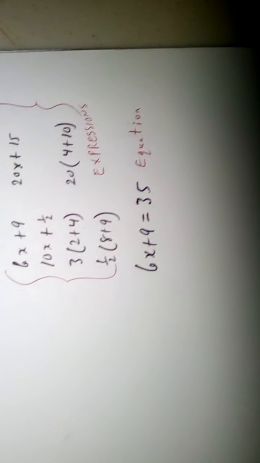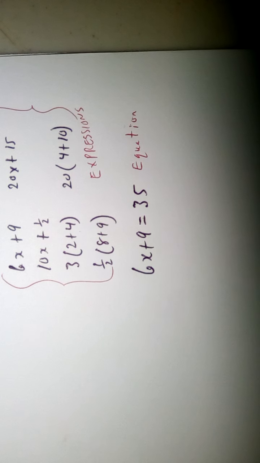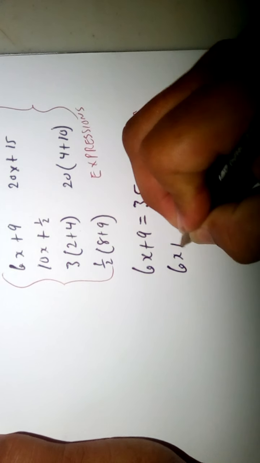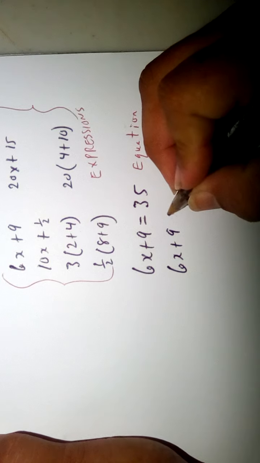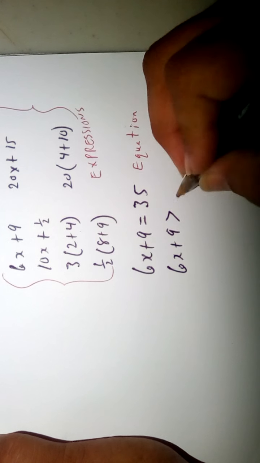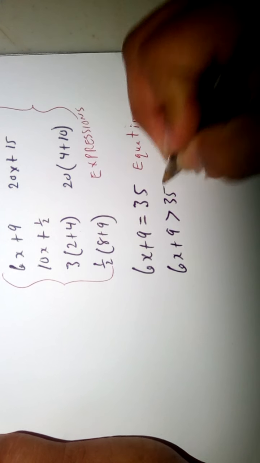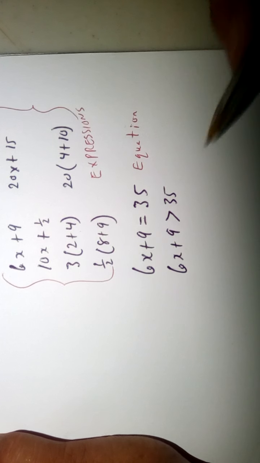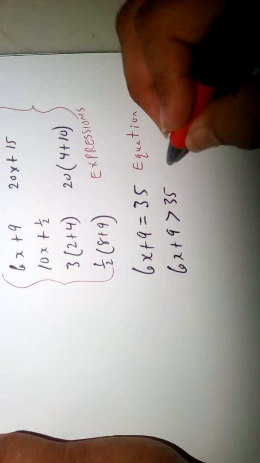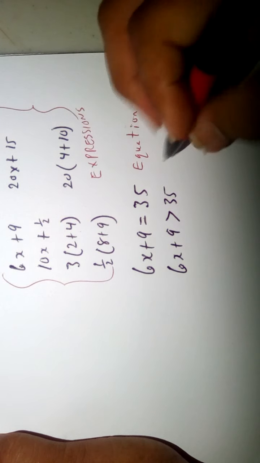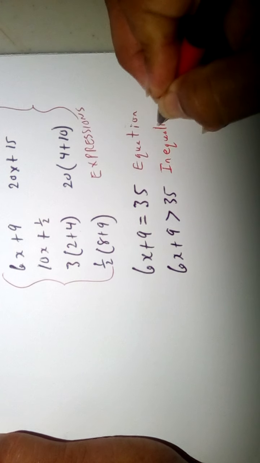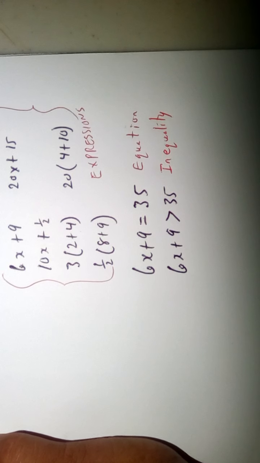Now I'm going to take the same one here and add a different symbol. So consider that I put 6x plus 9 is, say, greater than or less than, say, 35. This is no longer an expression nor an equation. This is now an inequality. Why an inequality?